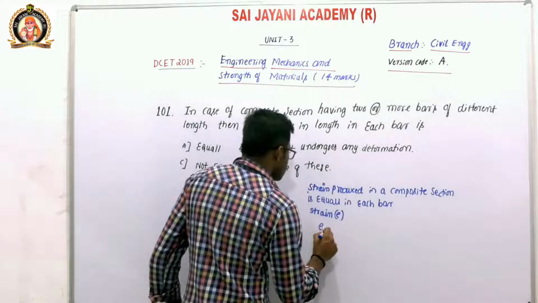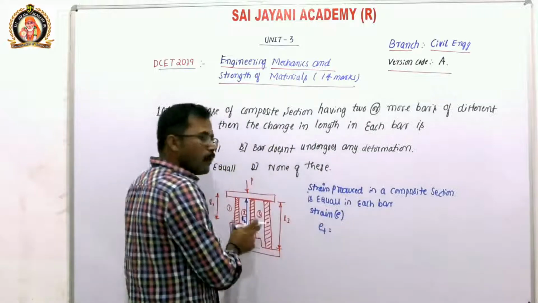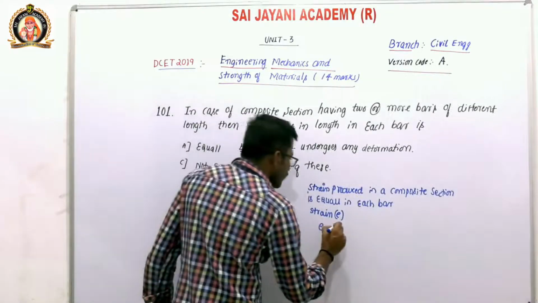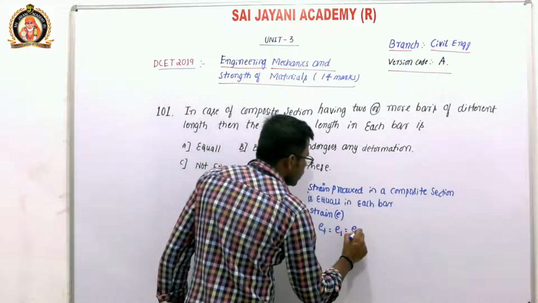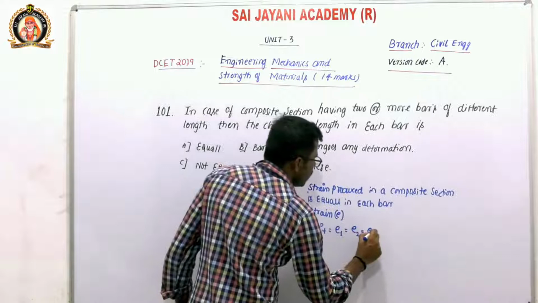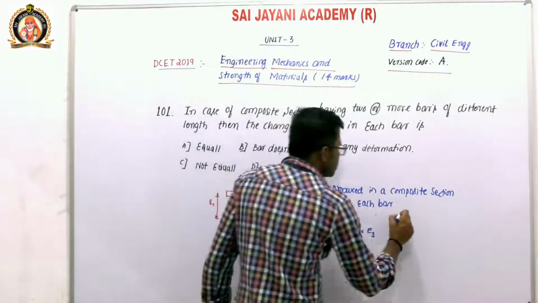The total strain produced in composite section is equal to strain in bar 1, strain in bar 2, strain in bar 3. So what is strain?